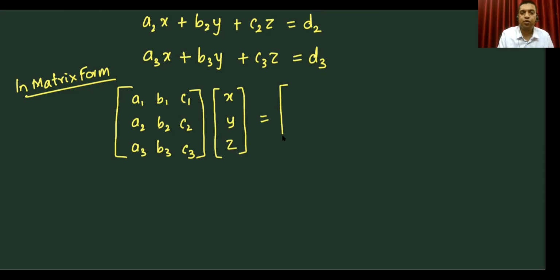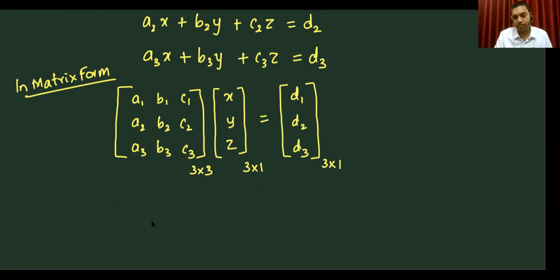This will give you another column matrix. Got it? This is 3 by 3, this is 3 by 1. The product of 3 by 3 into 3 by 1 will be 3 by 1.